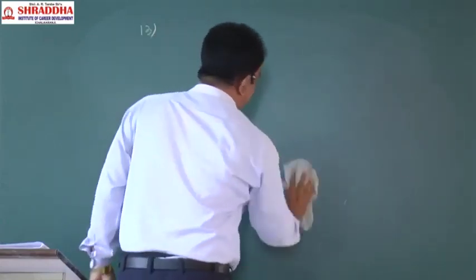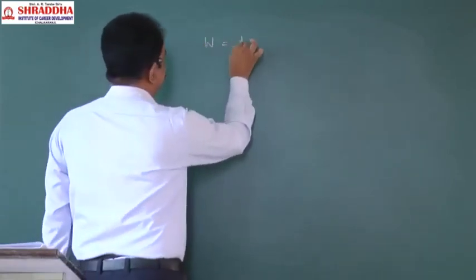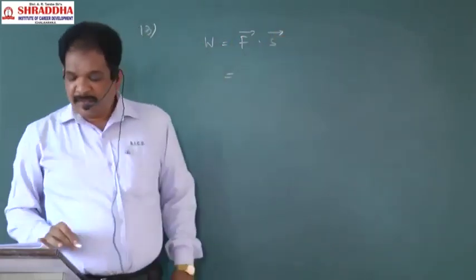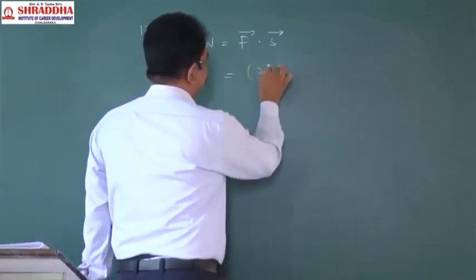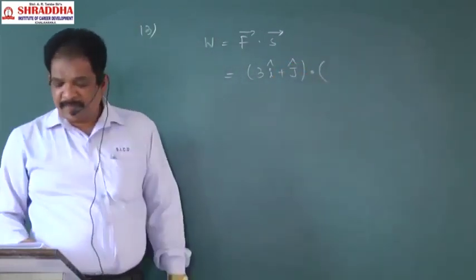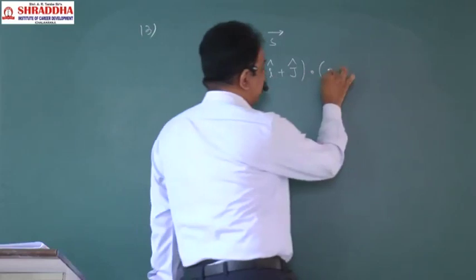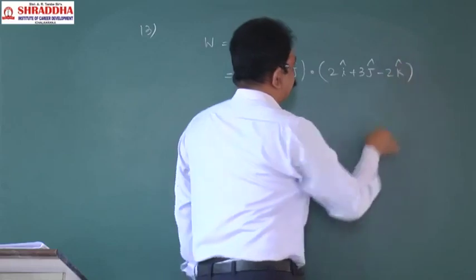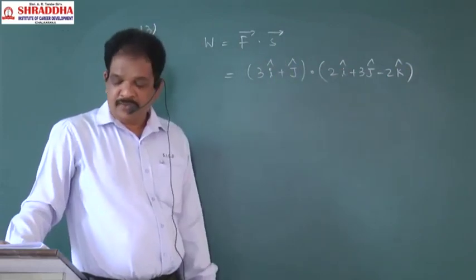So what is the work done formula? W is equal to F bar dot S bar. F bar value will be 3i cap plus j cap, dot S bar value, which we calculated, 2i cap plus 3j cap minus 2k cap.